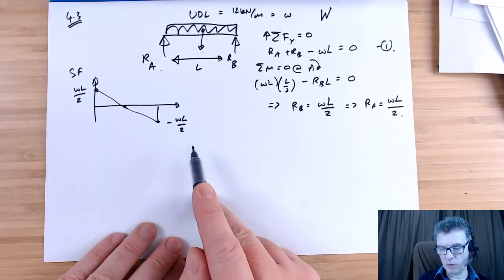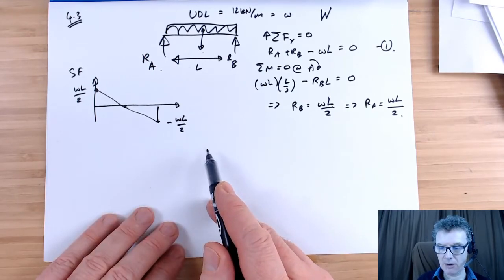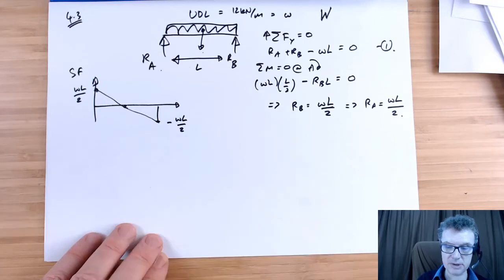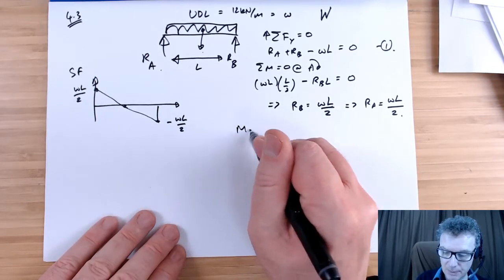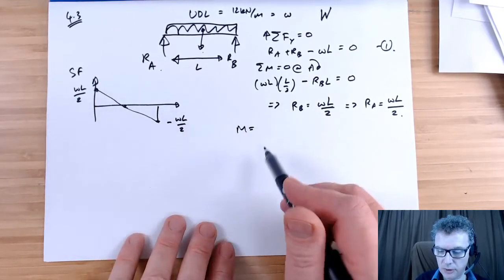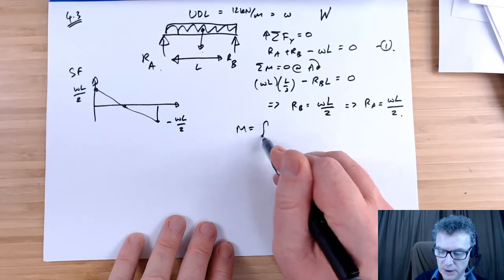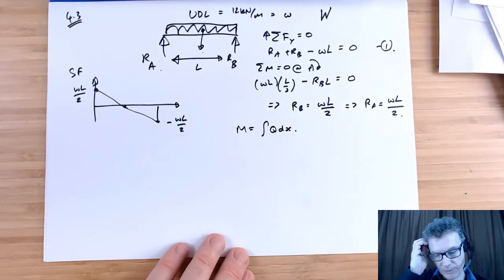What is more useful, personally speaking, I would rather do this by maths and use the fact that I know that M, I'm going to call this Q graph, is the integral of Q with respect to x.